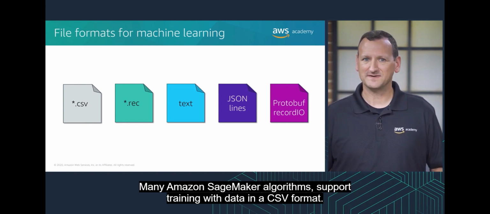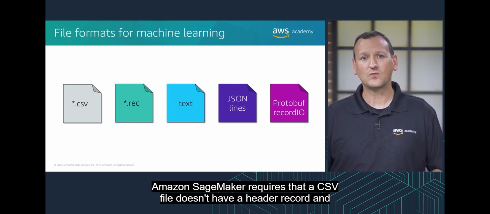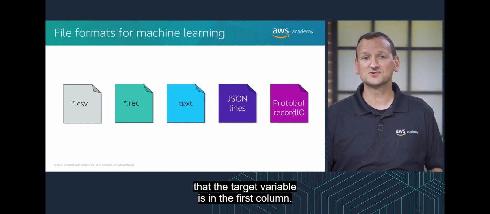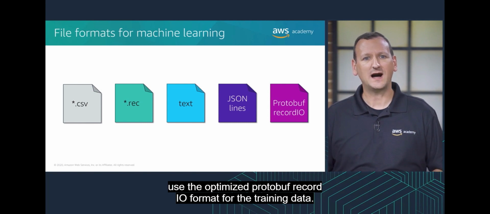Many Amazon SageMaker algorithms support training with data in a CSV format. Amazon SageMaker requires that a CSV file doesn't have a header record and that the target variable is in the first column. Most Amazon SageMaker algorithms work best when you use the optimized Protobuf Record I/O format for the training data.